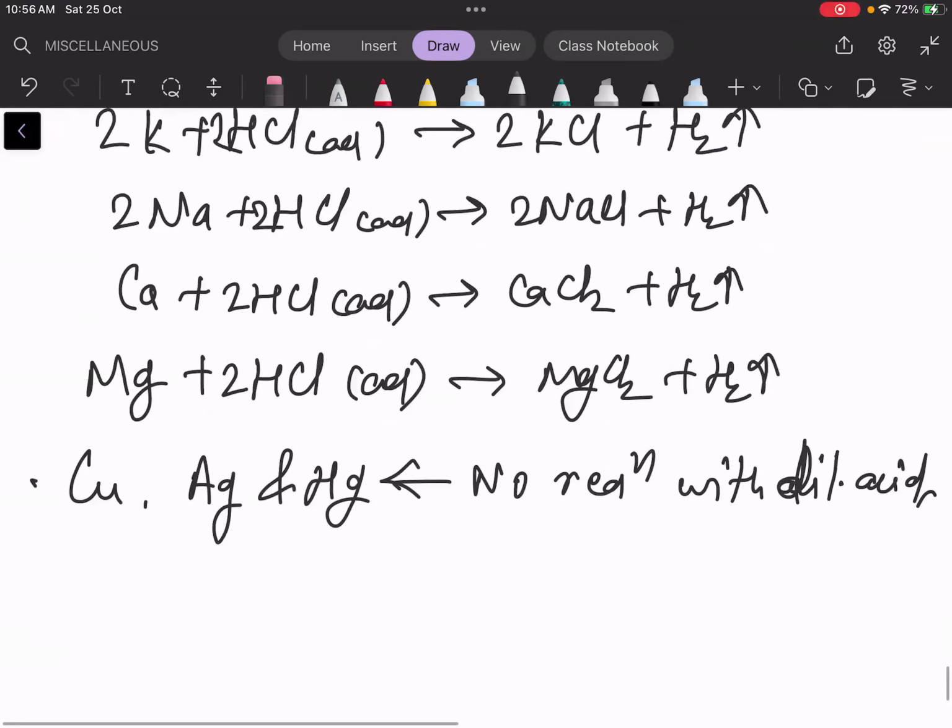The next, aluminum reacts slowly with dilute HCl and then fast. Aqua regia. What is aqua regia? Aqua regia is a Latin word meaning royal water.